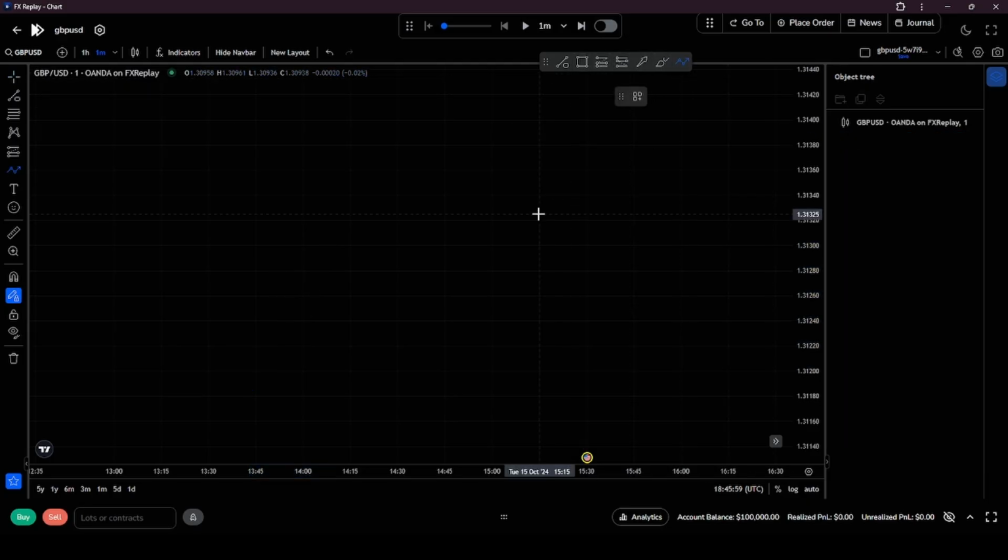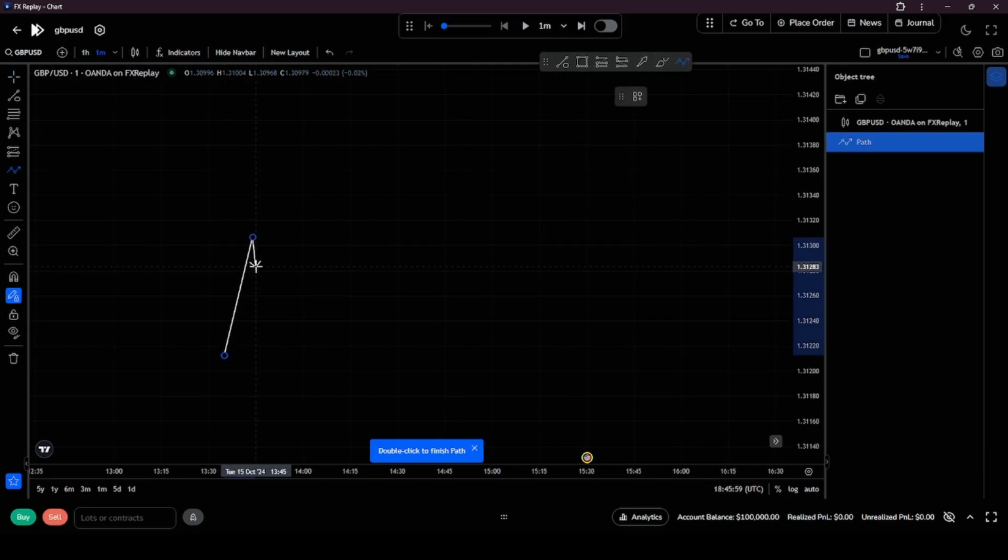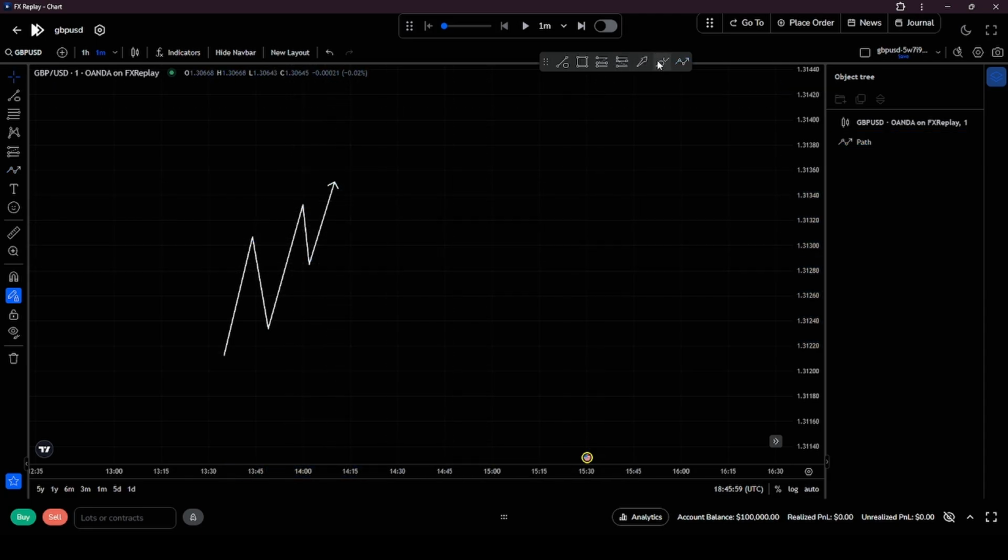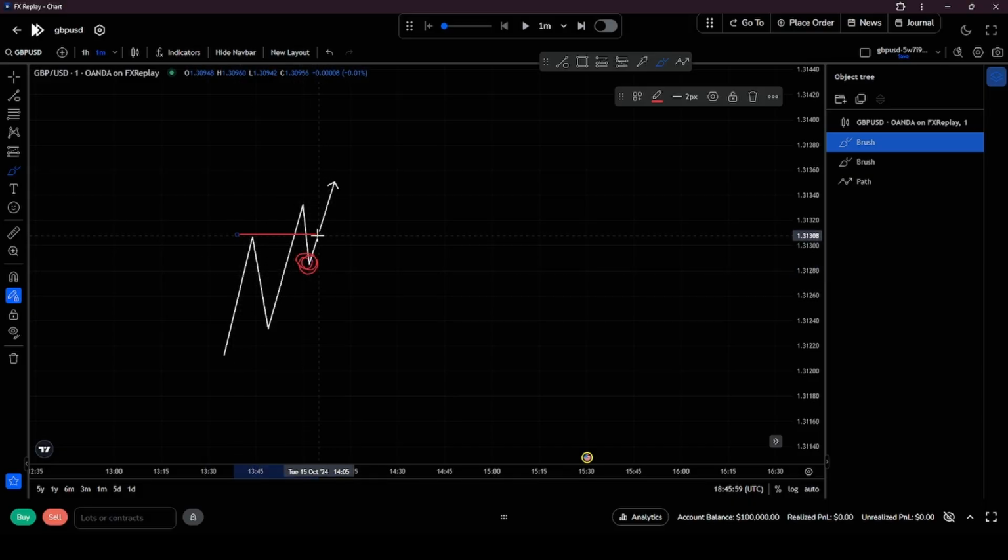If we had something like this after a break of structure, then this would be classified as a major inducement, because we had the valid pullback after a break of structure.